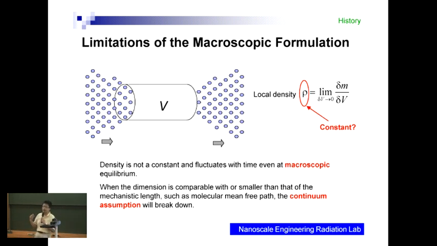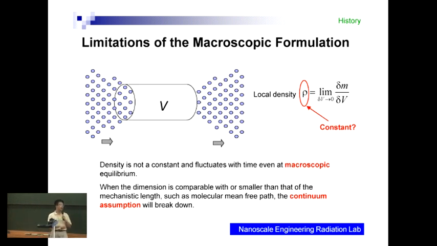Let's take a bag of air, for example. You have a bag, and inside you have air molecules. You measure the weight of the bag, divided by the volume, and you get the density of the air inside. This idea works perfectly if your bag is large enough. A larger bag, a small bag, fine.